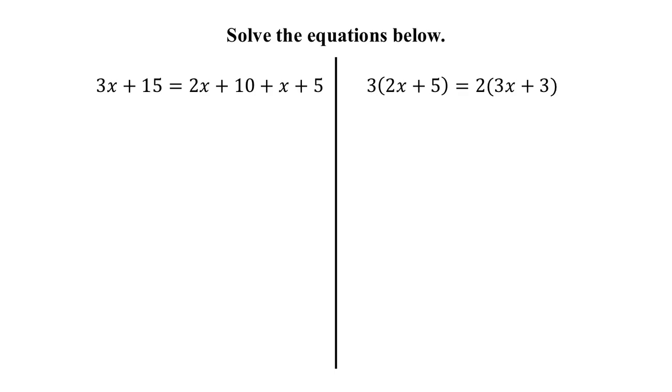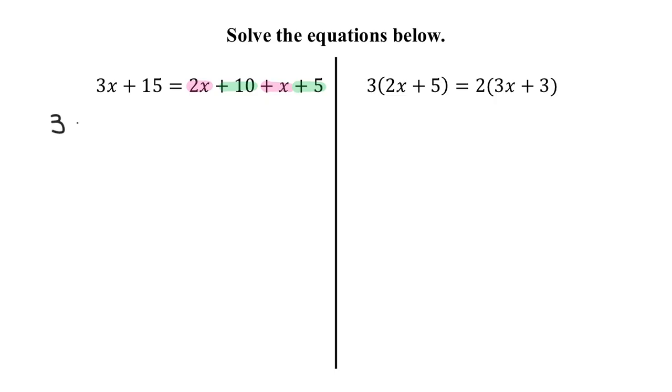The variables ended up being the same thing, and when we moved the variable over, what happened to it? It canceled out. Okay, that's actually important to what we're doing today. So let's look at this first one. I saw a lot of great combining of like terms with the 2x and the x, the 10, and the 5.